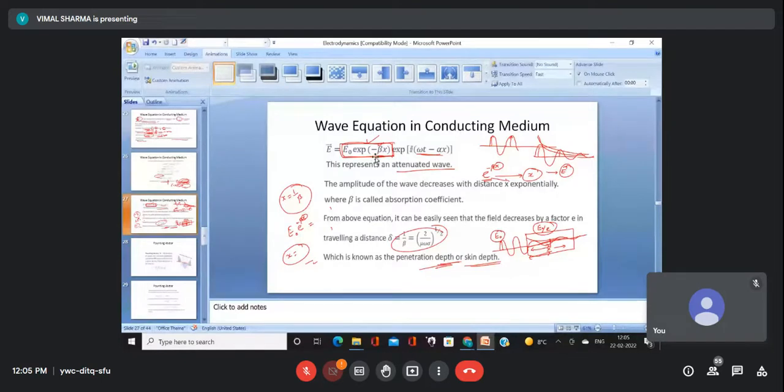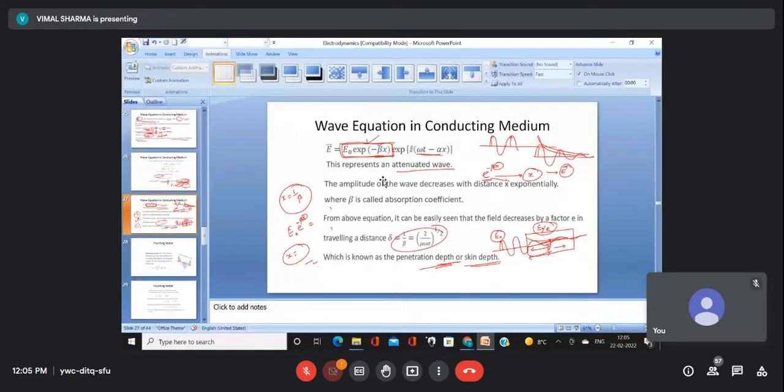The amplitude varies with x as this exponential function, and we see that for x equal to 1 by beta, the amplitude becomes E naught divided by e. That is defined as the skin depth or penetration depth for a given electromagnetic wave in the given medium.